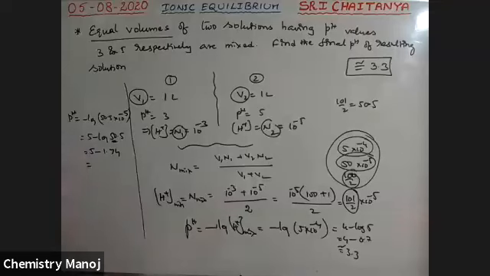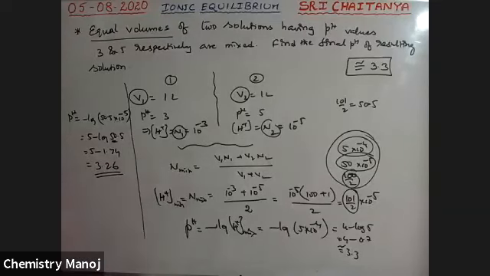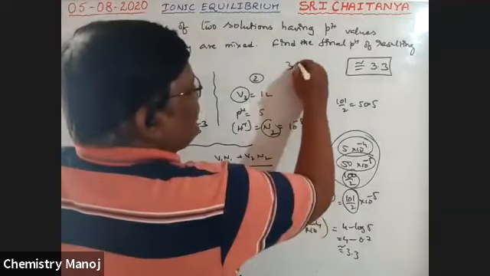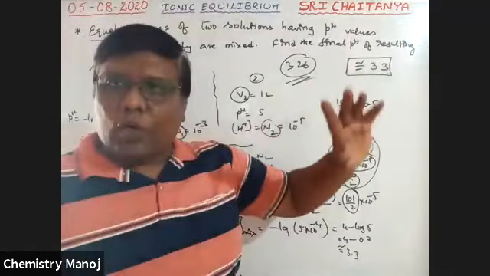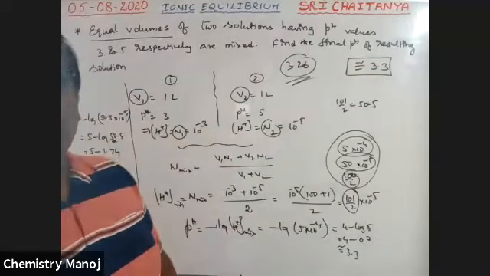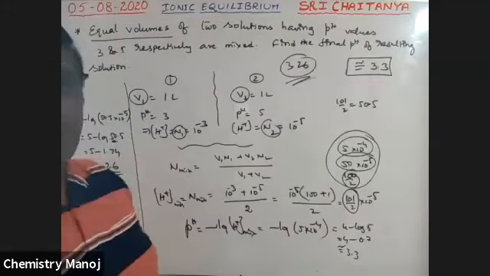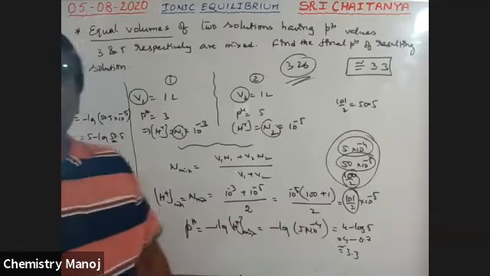Calculate by your own device. How much is the answer? 3.26. Okay. The exact value is 3.26, but the rough value is 3.3, that is lower pH plus 0.3. So check your answers. Exact value 3.26. Okay, that is the way to calculate these problems.